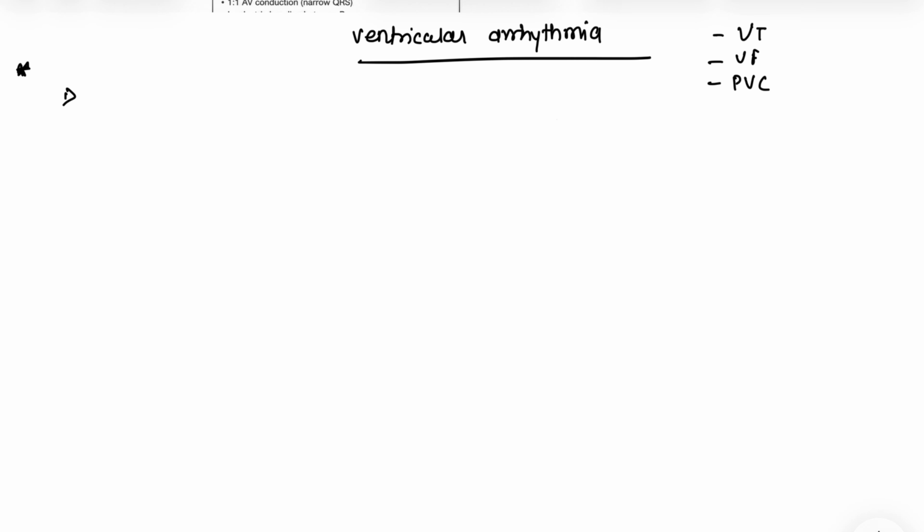So the first point that we expect in ventricular arrhythmia is the broad QRS complex. Now if you remember the basics of arrhythmias video, you would find that ventricular arrhythmia starts with the foci, right? Foci that is present in the ventricle.